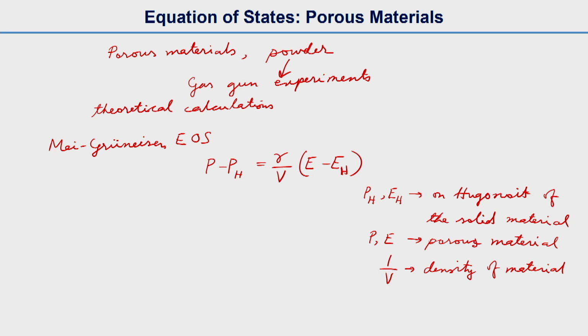So basically these are the relations. This is the porous material, and let's say we want to compact it using pressure, shock pressure. So this is the relation we need to follow.